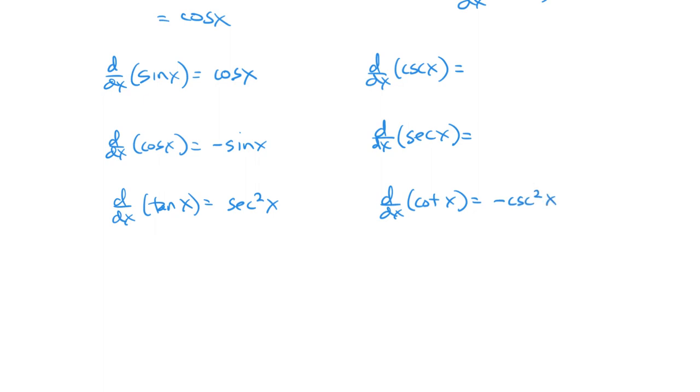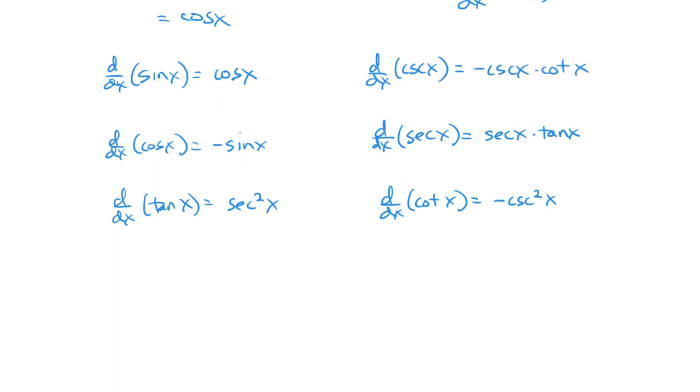Secant and cosecant are kind of similar. When you take the derivative of secant, it comes back: secant x times tangent x. And similarly for cosecant, it also comes back, but with a negative: negative cosecant x times cotangent of x.